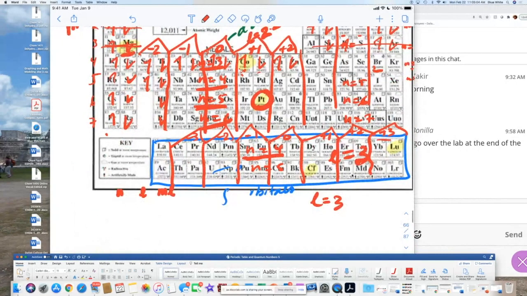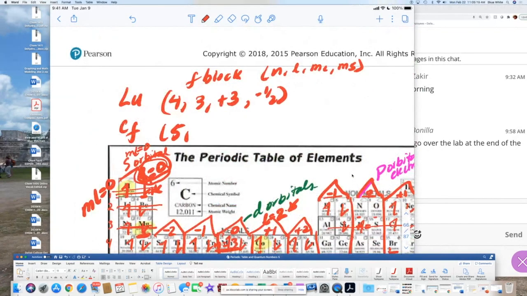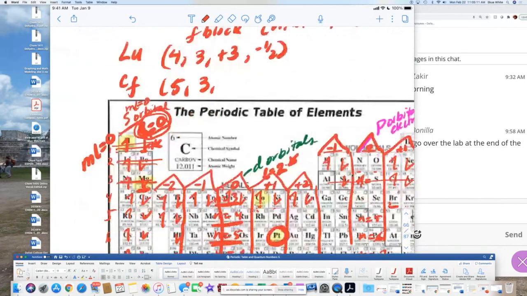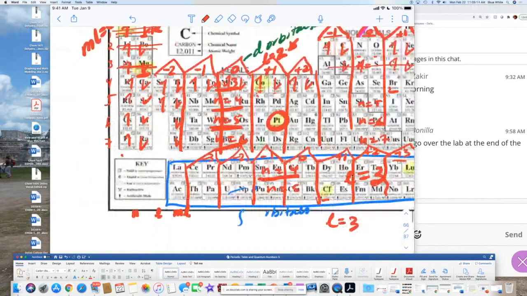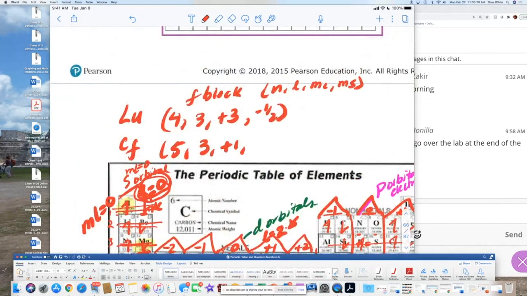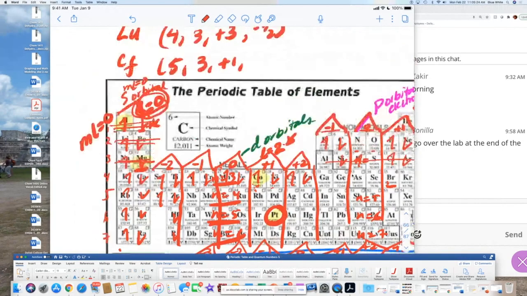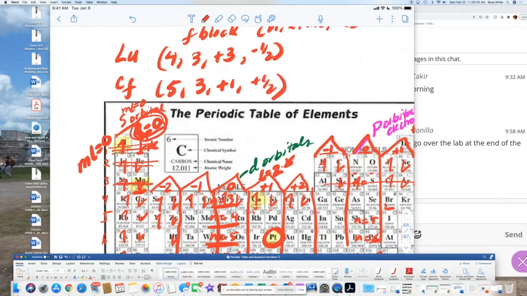Then this one here, californium, N is 5. L is 3, same L, because they're all F. And then this is +1. And then this part here is Cf is the first one, +1/2. And that's it for the quantum numbers.